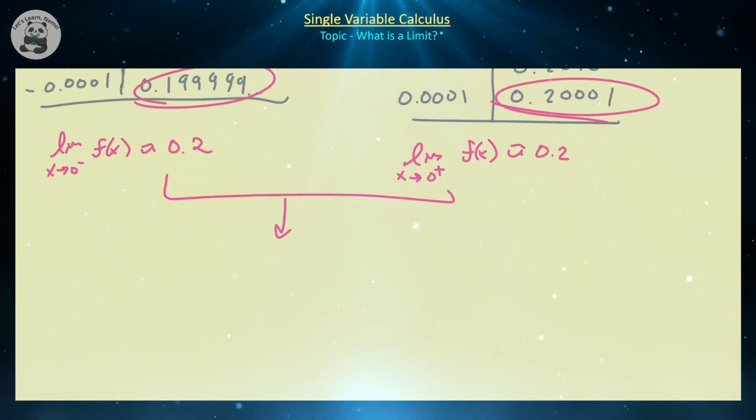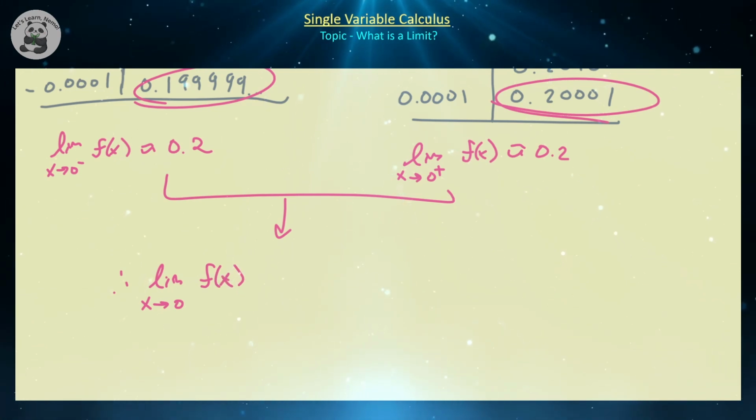And since these are equal, and those are the only two directions we can approach 0 from, we can say that the overall limit is approximately equal to 0.2, or as a fraction, 1 divided by 5. Right?